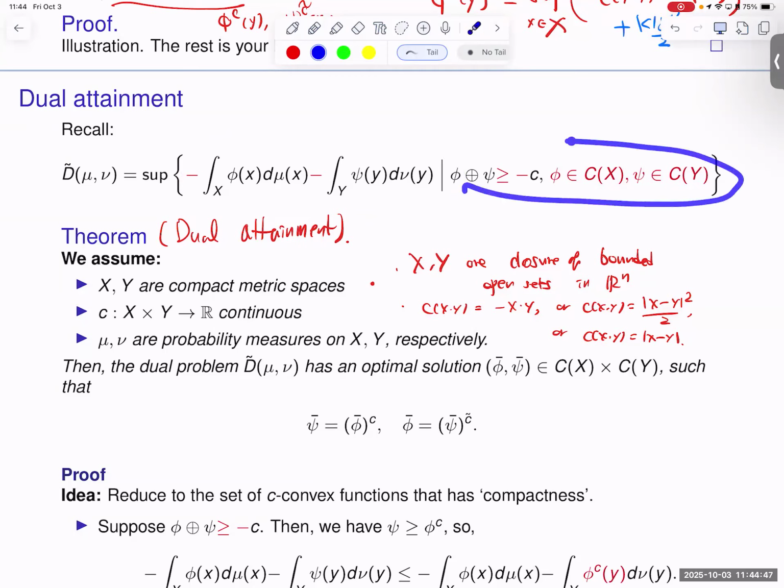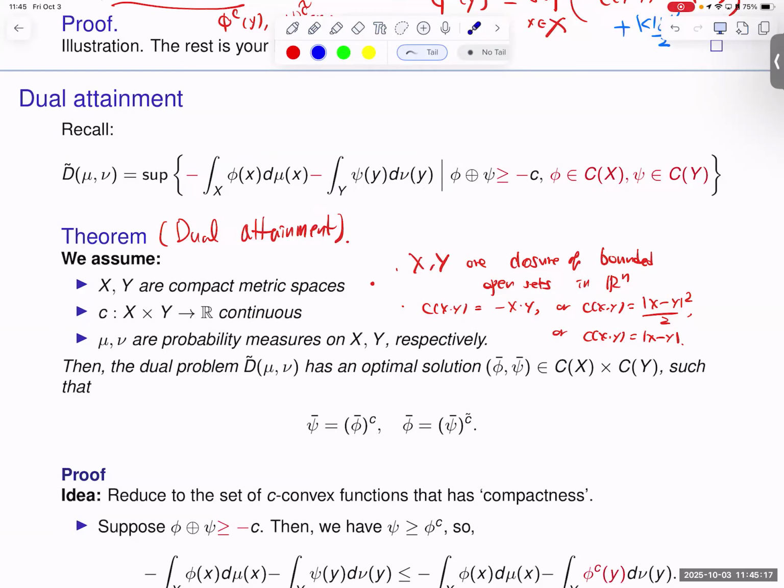But the feasible set here, those phi, psi satisfying this constraint, is very large. You just consider all continuous functions satisfying this condition. So it can be extremely large. So even if your function is very nice and continuous, if the domain you want to optimize over is very large, then you may not find an optimal solution.